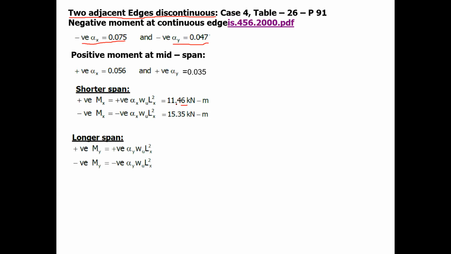So calculate the longer span values for positive and negative moment. Positive 7.12 kilonewton meter. Next, what about negative? 9.57. Okay. So all of you got the answer?